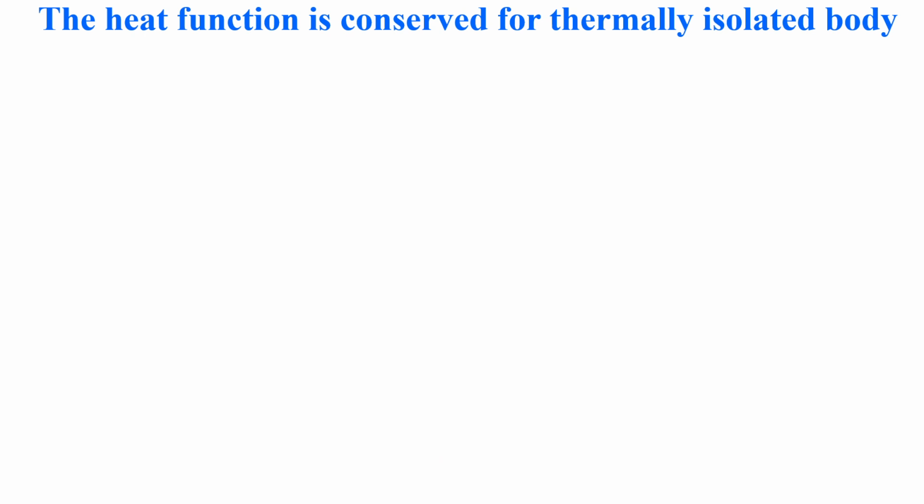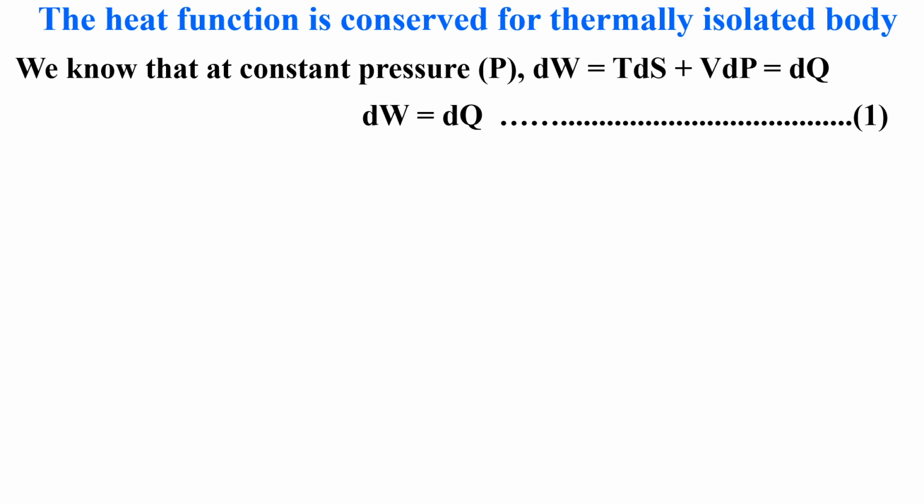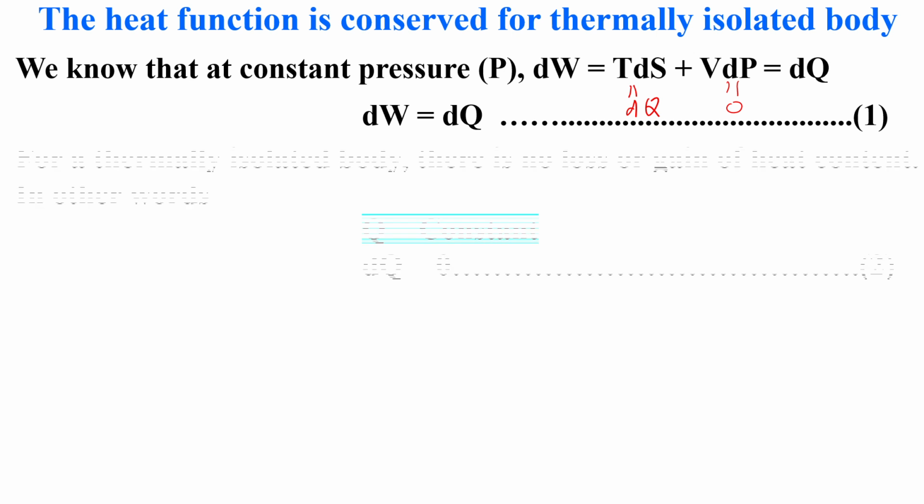Now we will prove that heat function is conserved for a thermally isolated body. We know that at constant pressure dW is equal to TdS plus VdP. So dW is equal to dQ, because at constant pressure this term will become 0, and TdS is equal to dQ from the second law of thermodynamics.